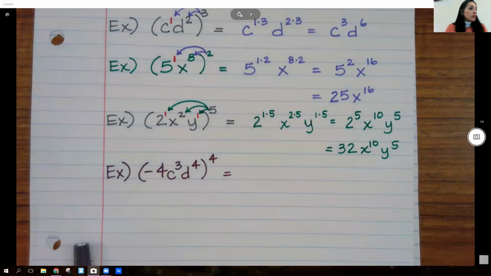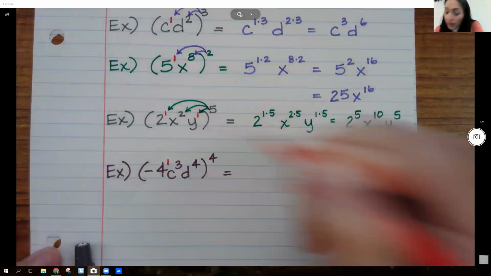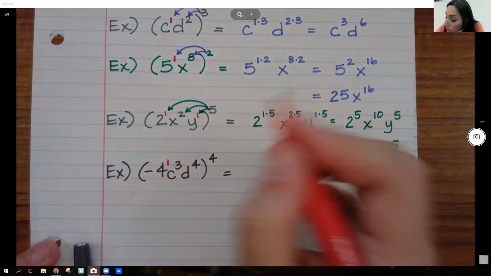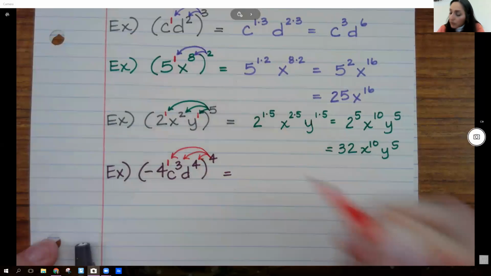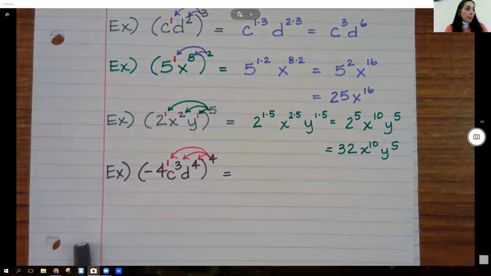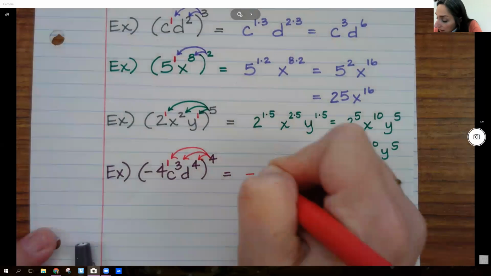Okay, so you're going to do the same thing, but just be careful, especially if you're plugging this into Desmos. So this has a 1 right here, that -4 has a 1. So this is still gonna go here, it's gonna go here, and it's gonna go here. So it'll be -4.